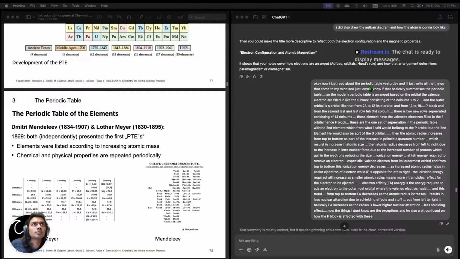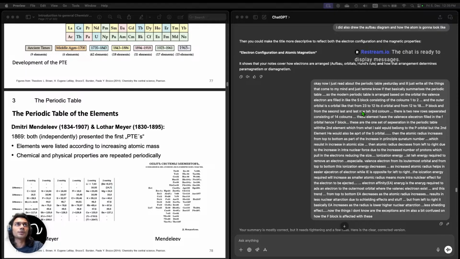Okay, I read about the periodic table yesterday, and I'll write up everything that comes to mind, and you let me know if that summarizes the periodic table. The modern periodic table is arranged based on the orbital. The valence electrons are filled in the s block, consisting of columns 1 to 2, and the outer orbital is the s orbital.